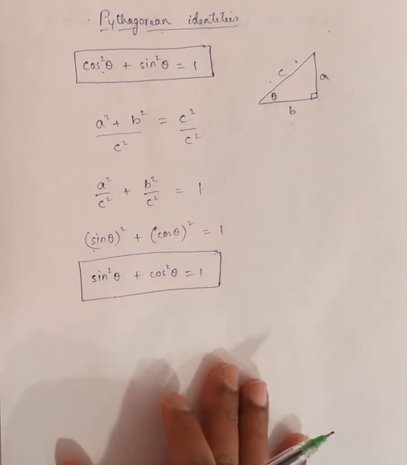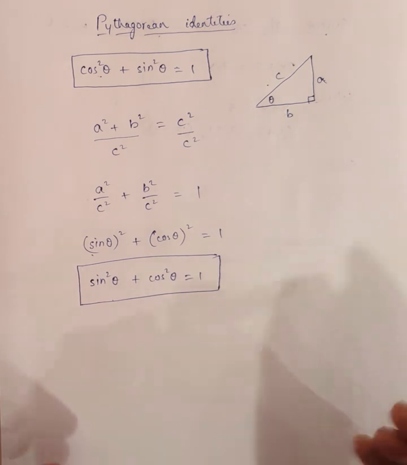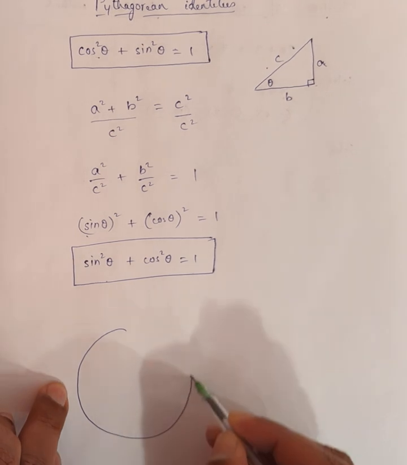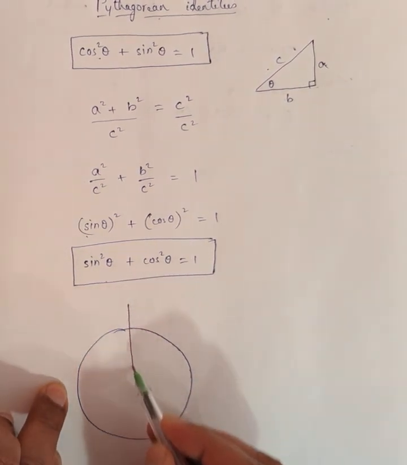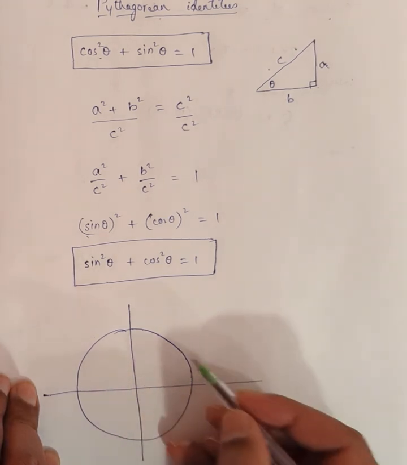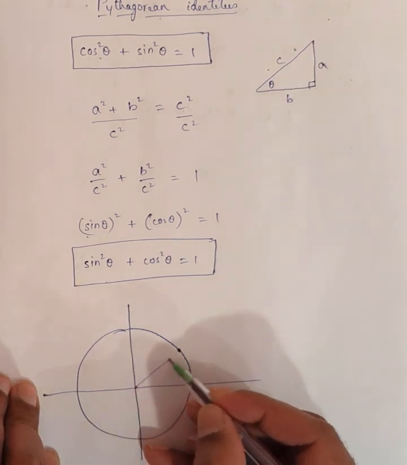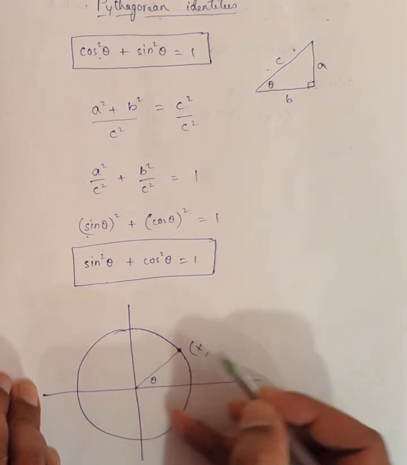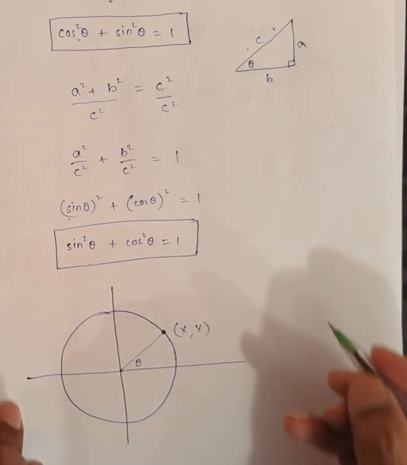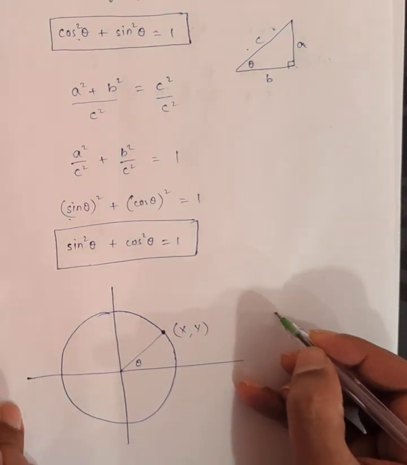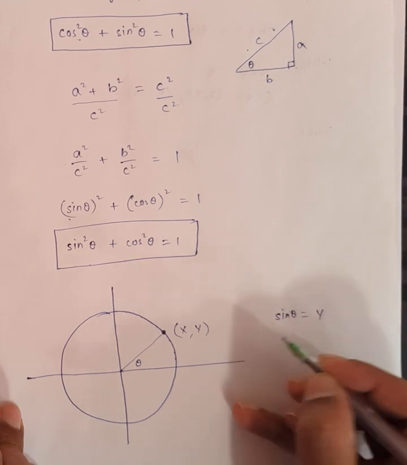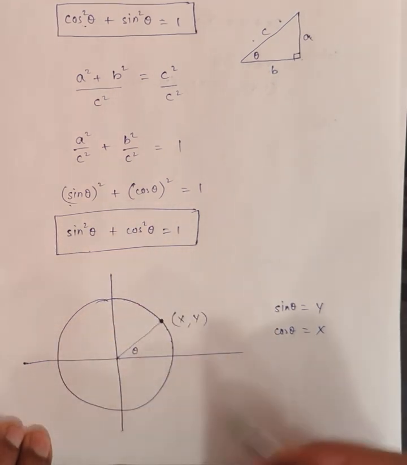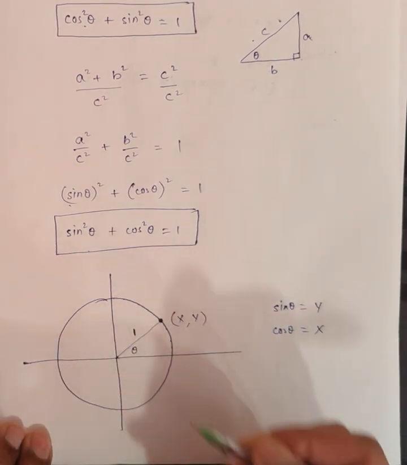Now, there's one other way you can prove this. If you look at the unit circle, if theta is any angle, and if this is x comma y, then we define the trig functions: sine theta as the y coordinate and cos theta as the x coordinate. And notice that if it's a unit circle, this radius is 1.